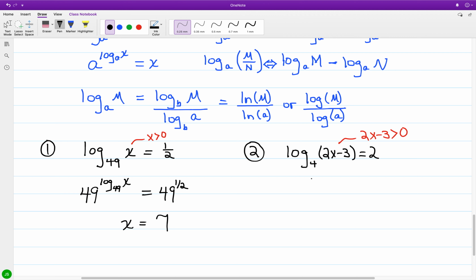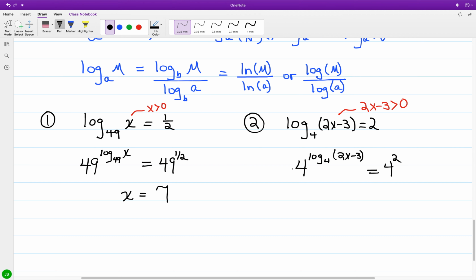Now we have our single term to be a logarithmic term in base 4, and I can treat both sides as powers to which 4 is going to be raised.